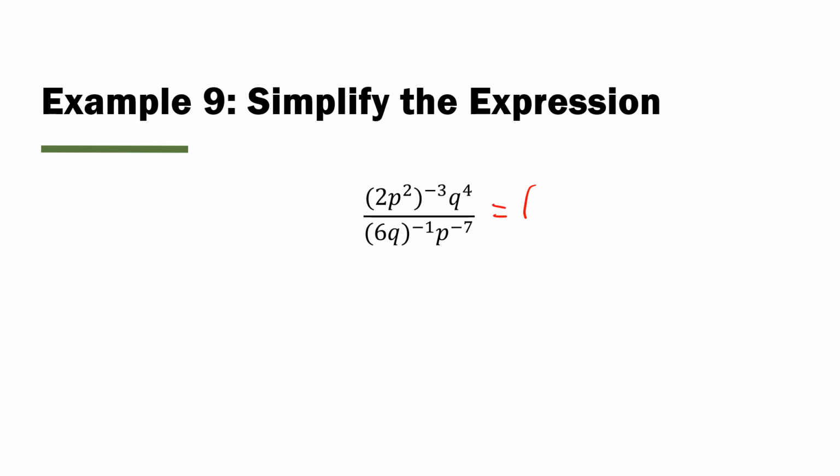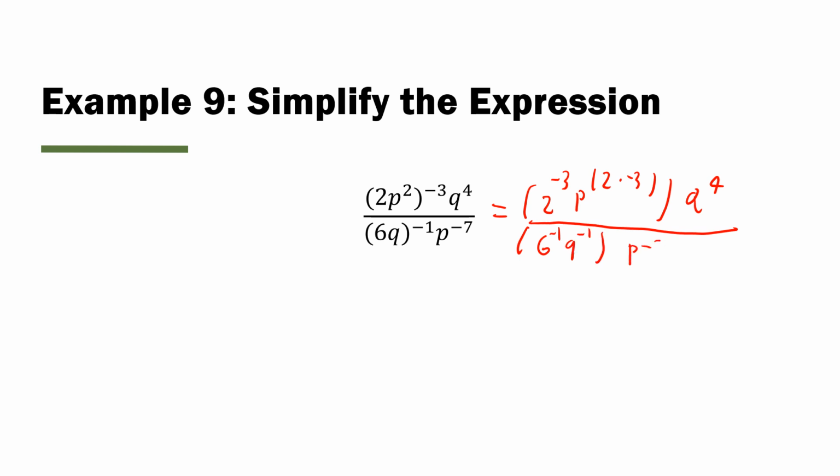So my parenthesis numerator will be 2 to the power of -3 multiplied by p to the power of 2 times -3. And then we're multiplying q to the power of 4. In the denominator, we're getting 6 to the power of -1 times q to the power of -1 times p to the power of -7.